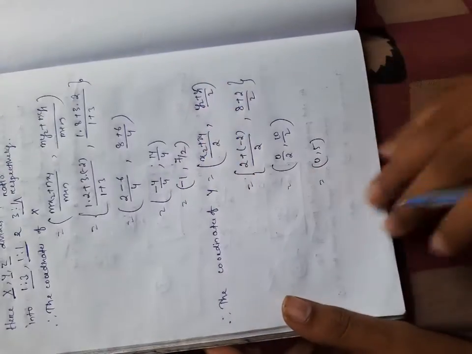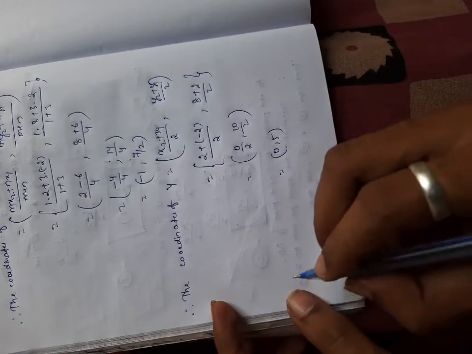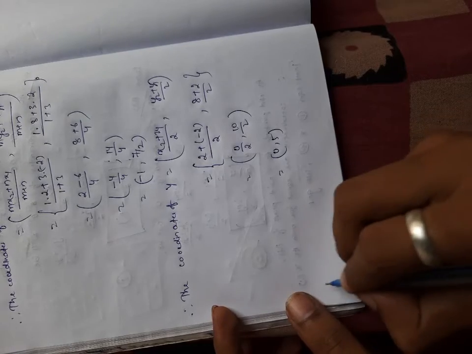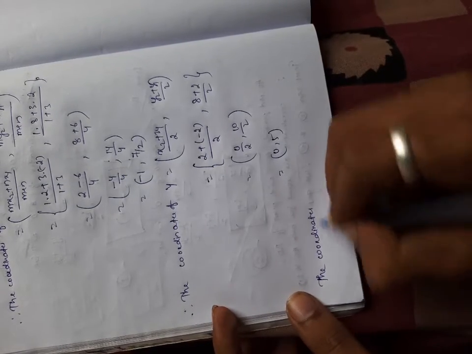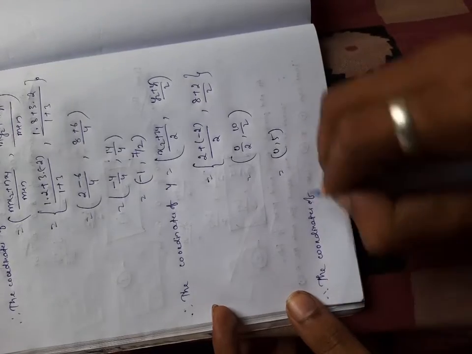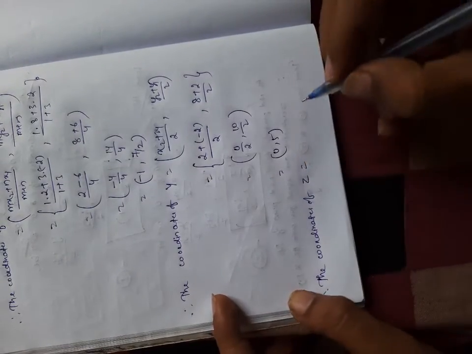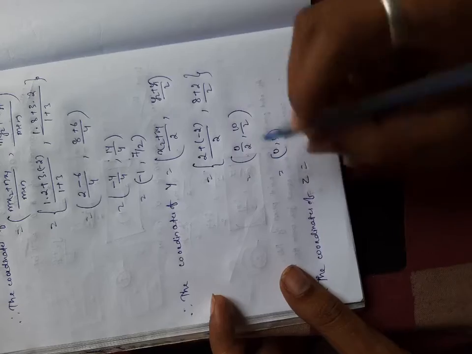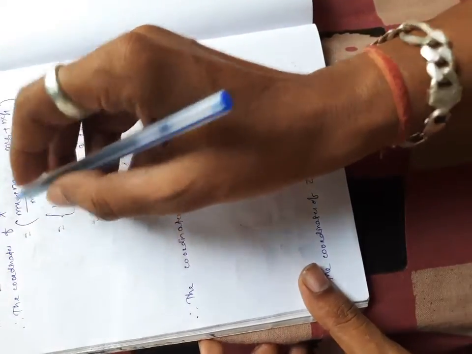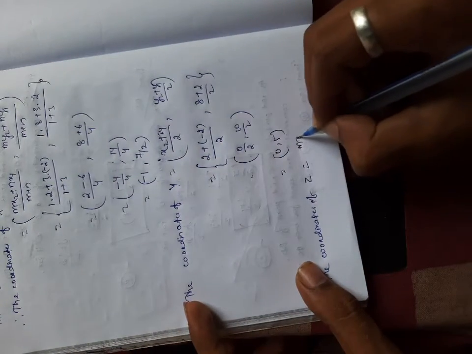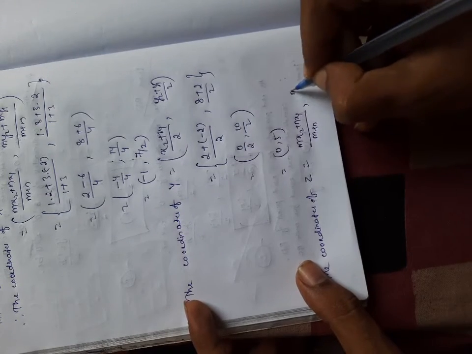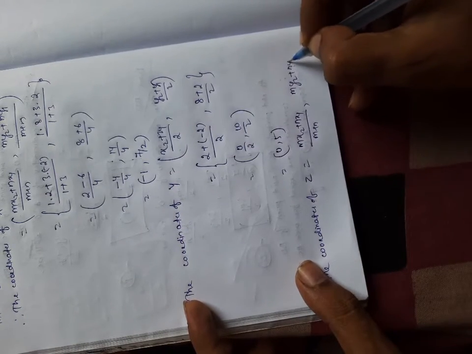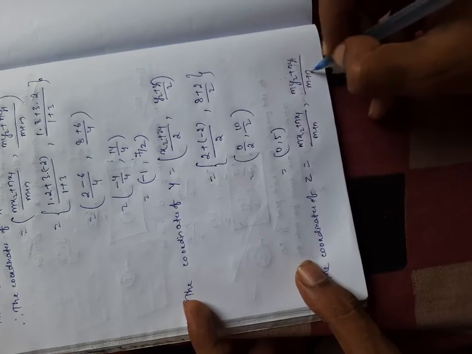Okay, now for the coordinates of z, here we can apply the 3:1 formula. That is (mx2 plus nx1) by (m plus n), comma, (my2 plus ny1) divided by (m plus n).